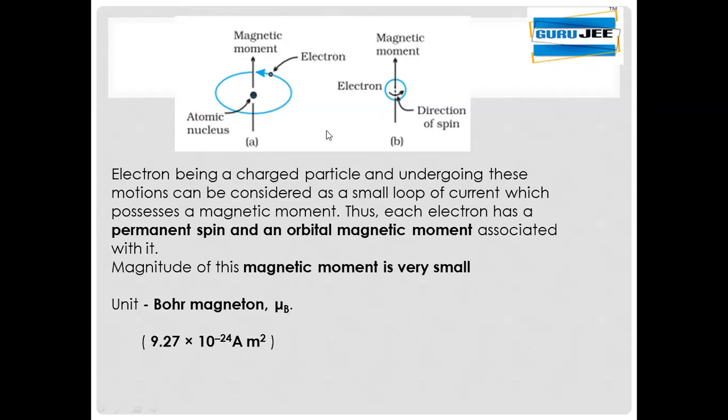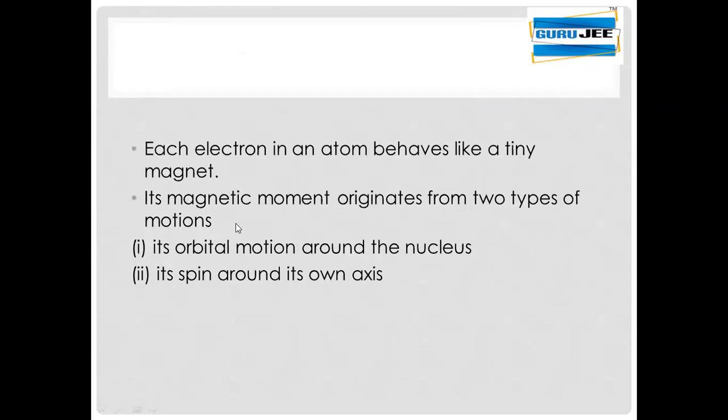You should note down the point: the electron can act as a tiny magnet. It has its magnetic properties due to two types of motion, orbital motion around the nucleus and spin around its own axis. Okay, if you complete it, just let me know.